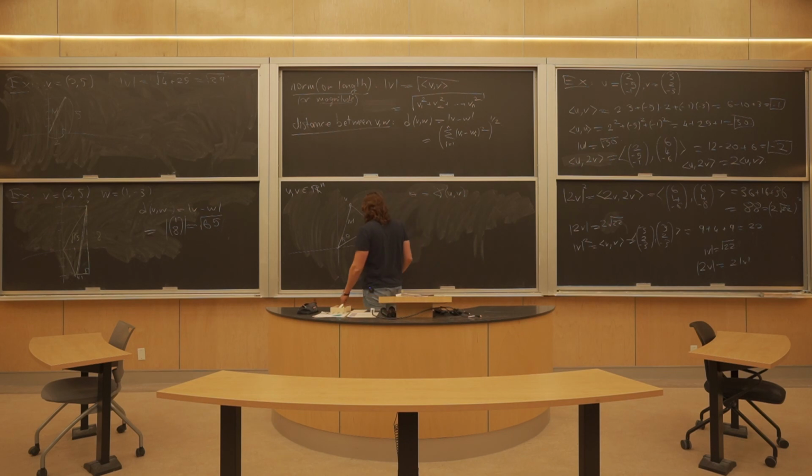Probably I should have drawn this larger, but let me just put this v over here. So now I want to relate the inner product of u and v to theta. Let's do this. If I were to draw this line, now this length here would be norm of v times cosine of theta.